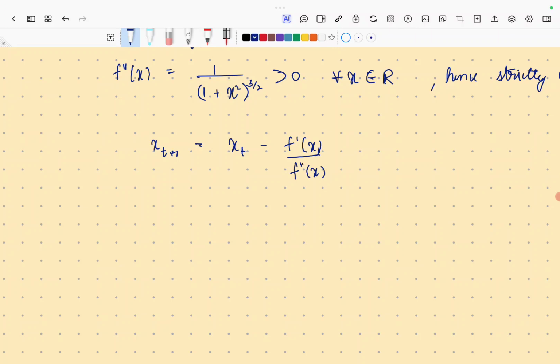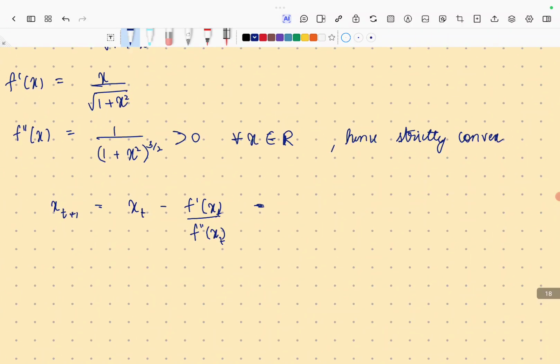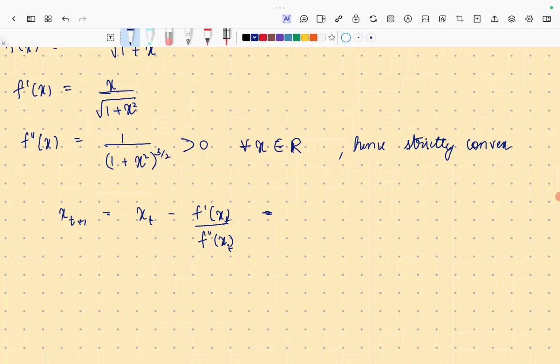Okay, so this is x t. What is this equal to? This is x t minus x t divided by square root of 1 plus x t square, times (1 plus x t square) to the power 3 by 2.